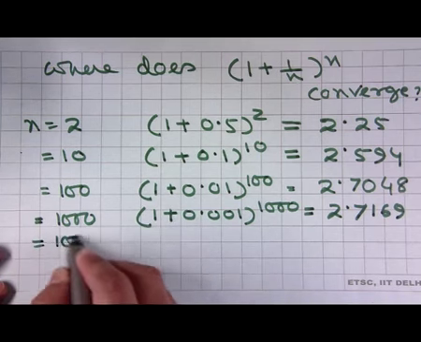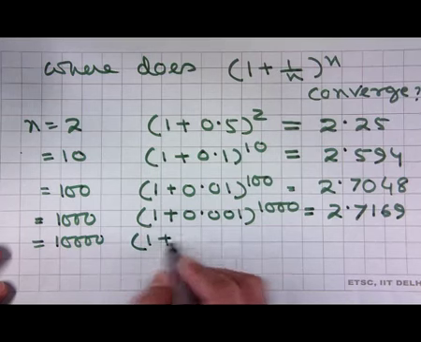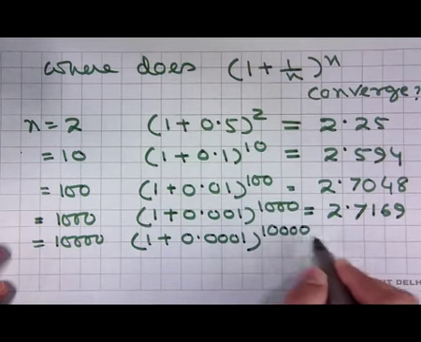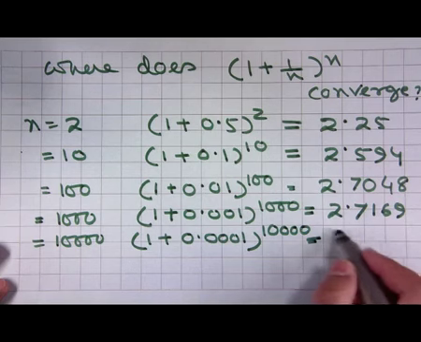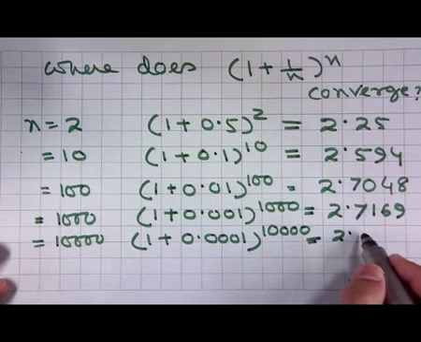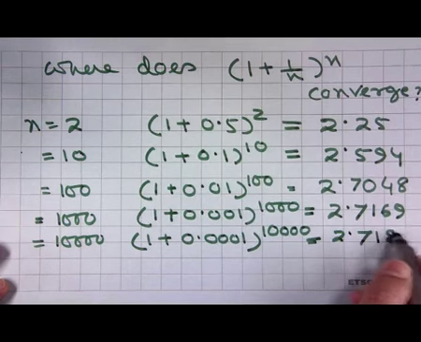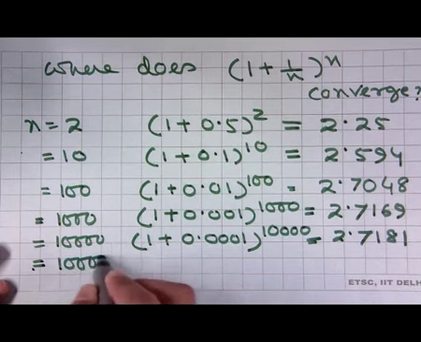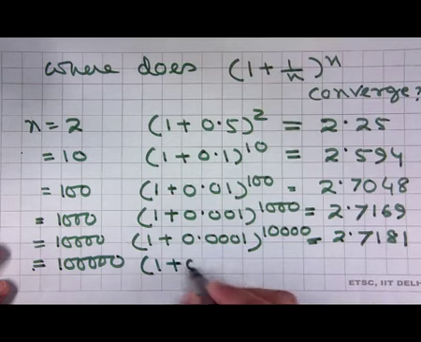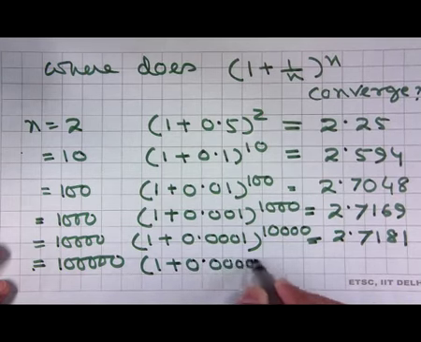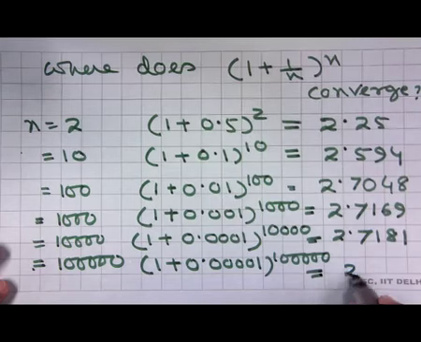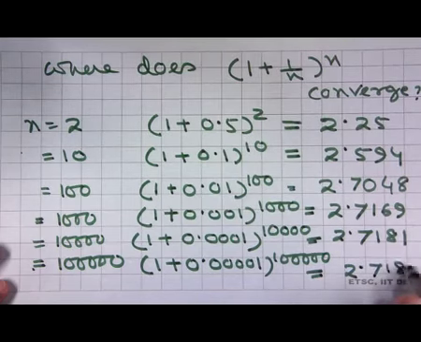At n is equal to 10,000, it is 1 plus 0.0001 whole to the power 10,000, which is equal to 2.7181, and at n is equal to 1 lakh, it is 1 plus 0.00001 to the power 1 lakh, which is going to be 2.7183.